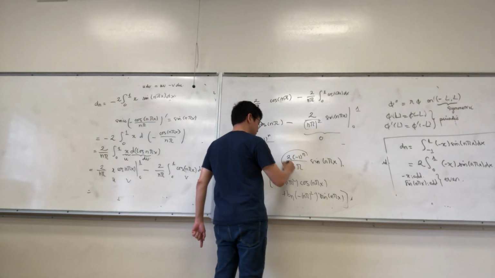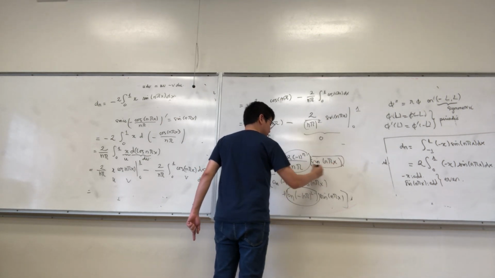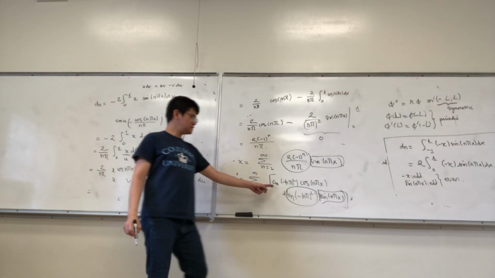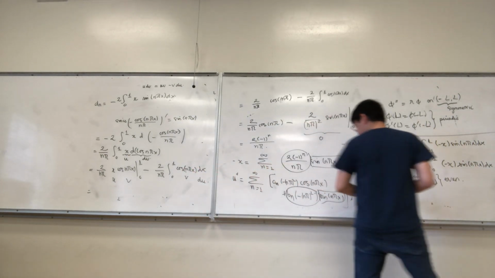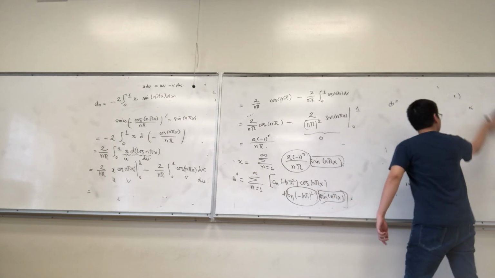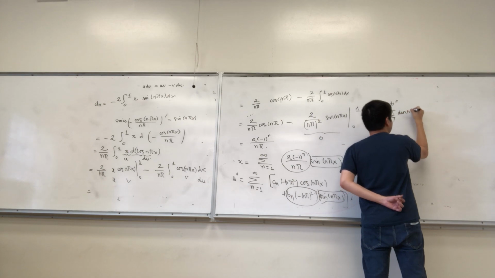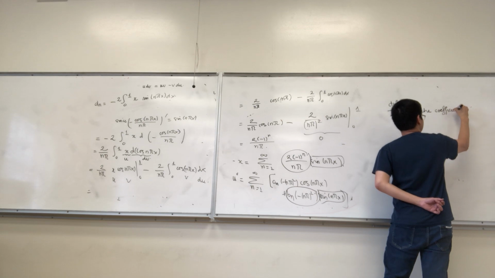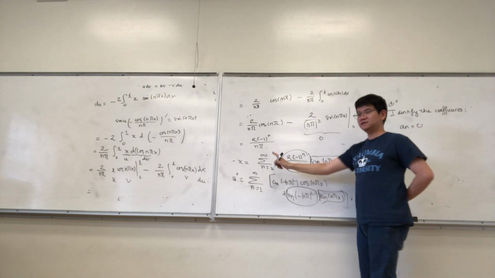So you identify this guy and this guy because they have the same basis, right? And this guy has to be 0 because here you don't have cosine. So you identify the coefficient, right? So you're going to have An is 0 because here Cn is 0.